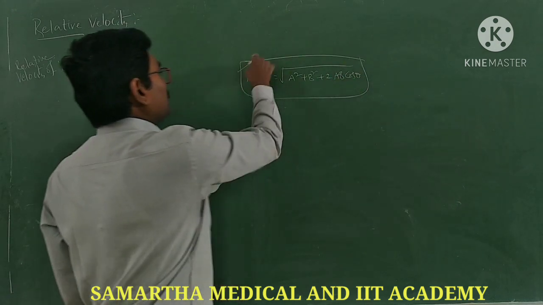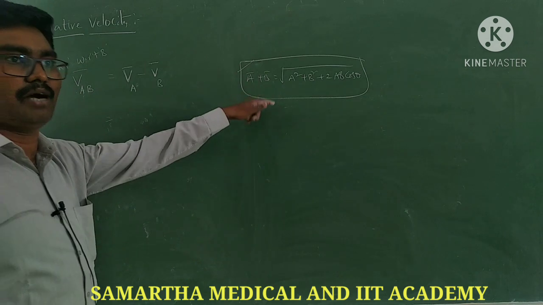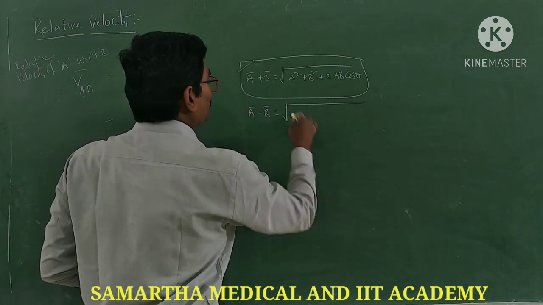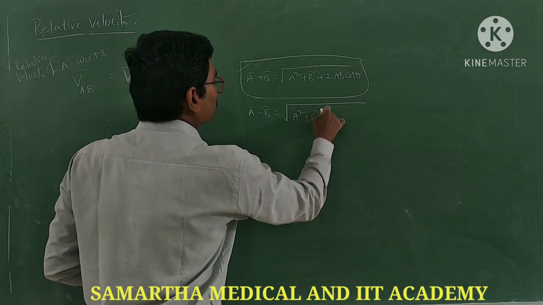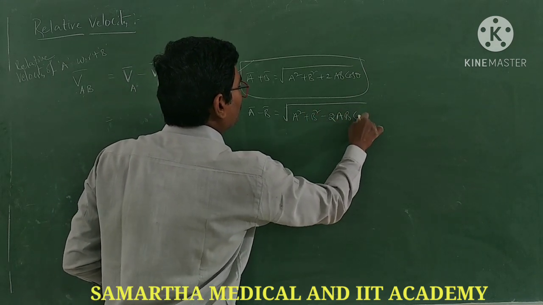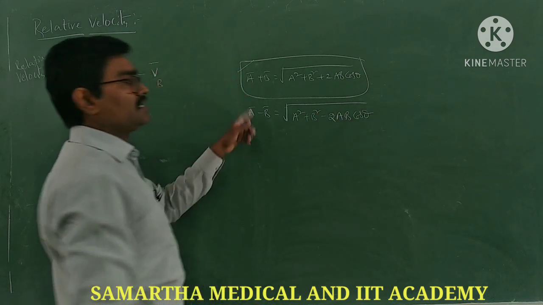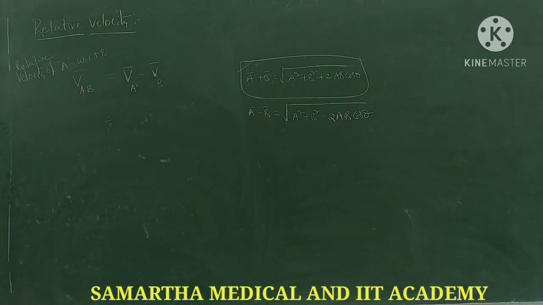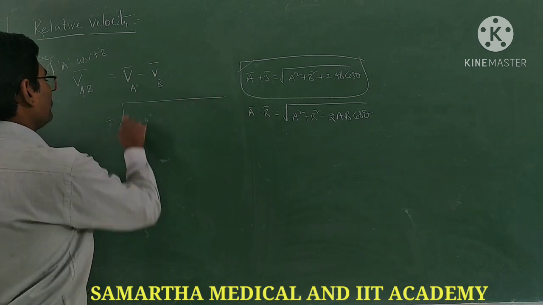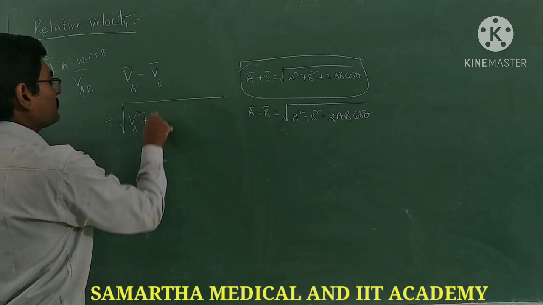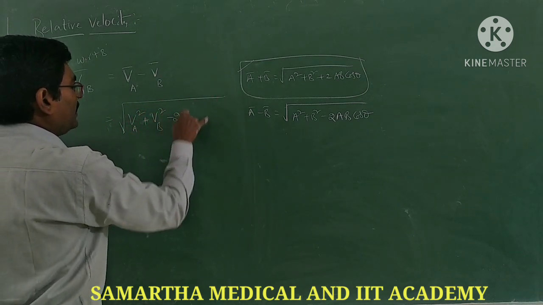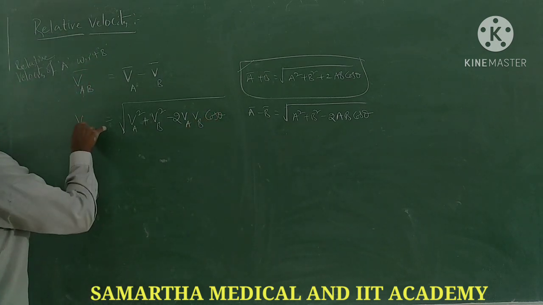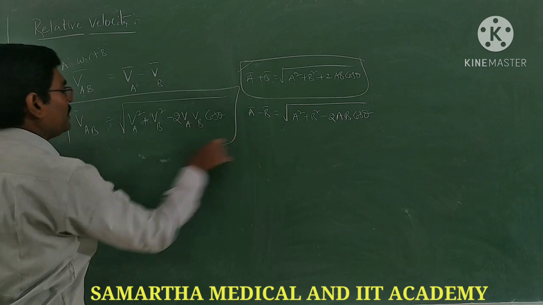So A bar minus B bar is the square root of A square plus B square minus 2AB cos theta. Now VA bar minus VB bar is the square root of VA square plus VB square minus 2 VA VB cos theta. That is the relative velocity of A with respect to B.